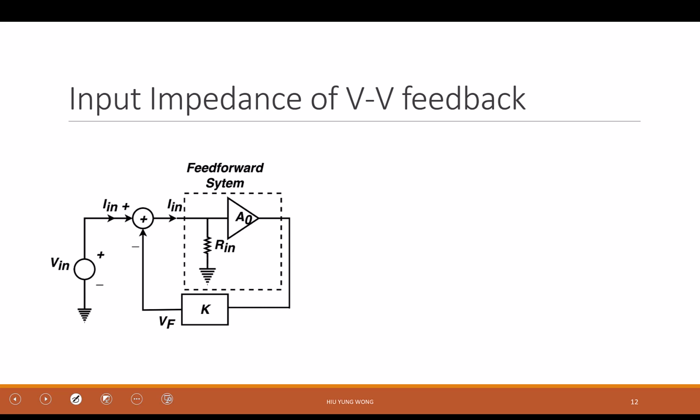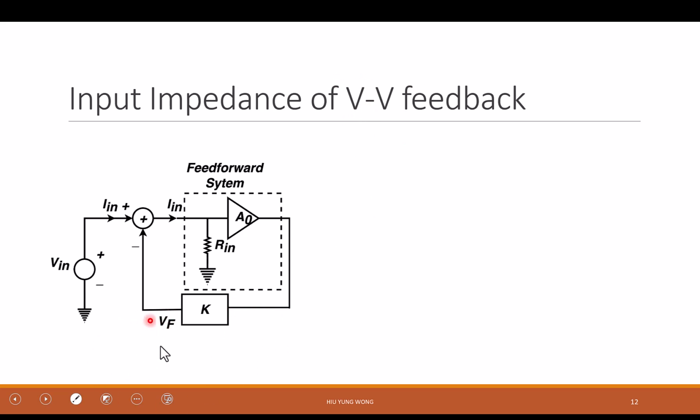So what is the input for a voltage feedback? Let's answer this question. What is the input to a voltage feedback? The whole circuit. Voltage feedback means the input to the feedback is voltage.